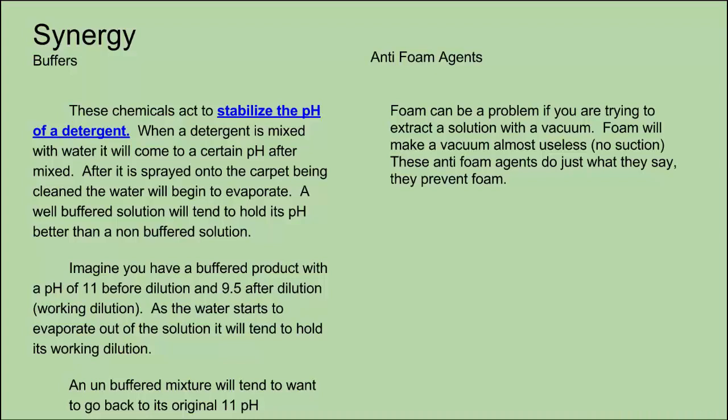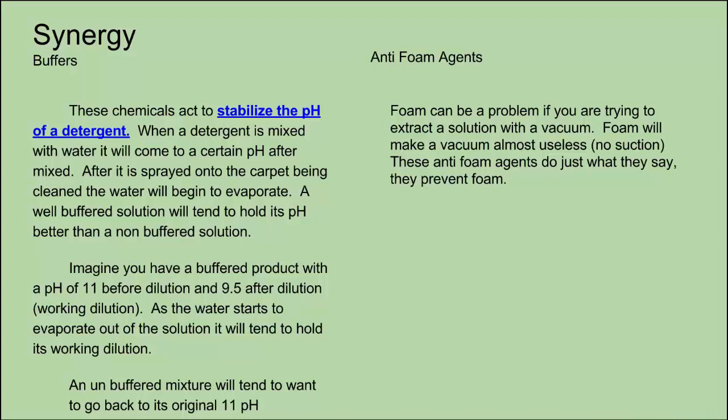So you have to be very careful if you're working with an unbuffered solution. It's a 10 for your working solution, but as soon as you spray it, it's going to instantly start to go back up to the 11 as that water evaporates. So you don't want to use a product that's mixed to a working dilution of 10 but is unbuffered, because you're not going to be cleaning at a 10 anymore and you're going to damage the carpet.